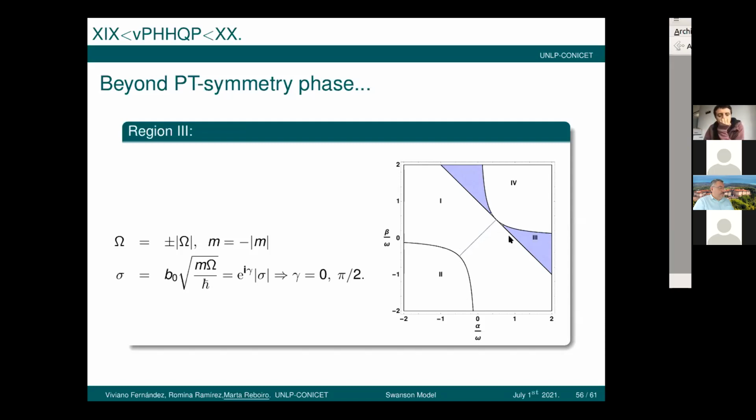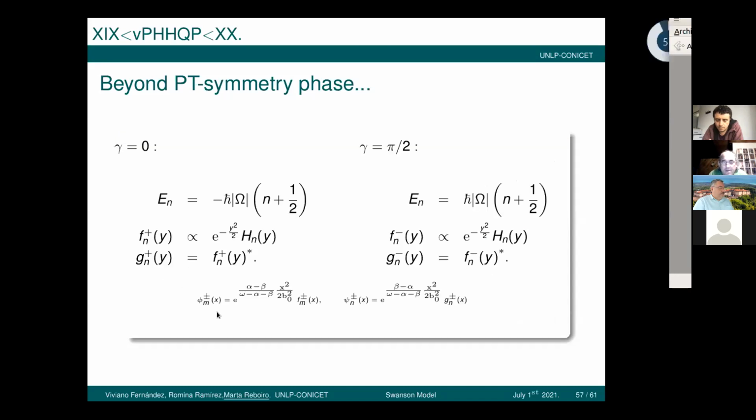This line is quite difficult because m increases very fast to real, positive real values in this sector and decreases in this other sector. So I don't really know what should happen in the interface here.